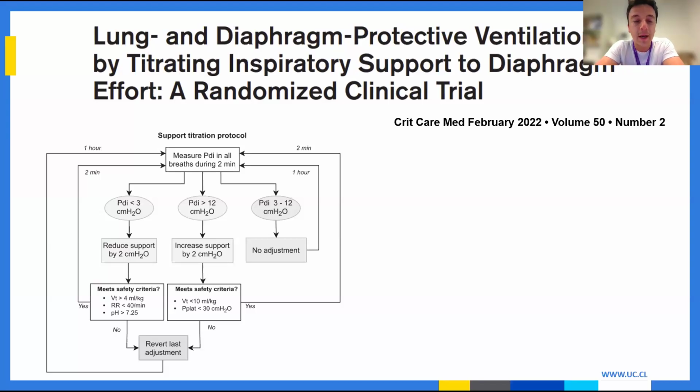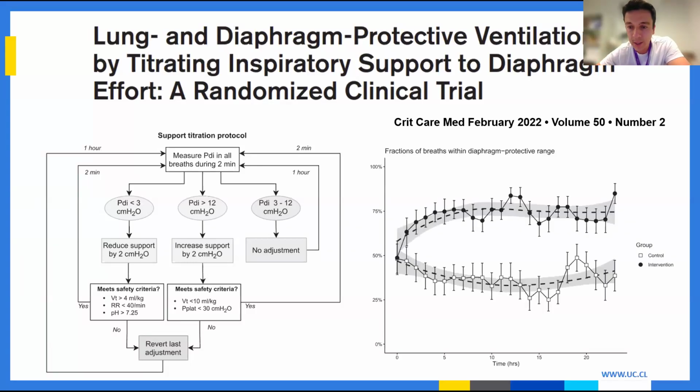If you have this kind of pressure, no adjustment, but if you have very low PDI, then you need to reduce your support, or if you have very high PDI, you need to increase your support. And some safety criteria: they were observing plateau pressure and of course gas exchange and pH. And then they were trying to maintain this for 24 hours.